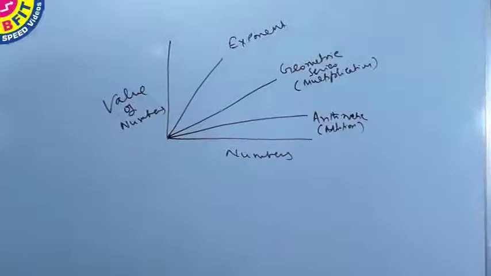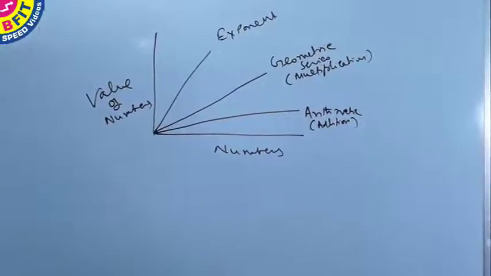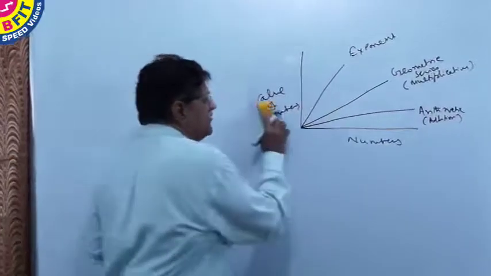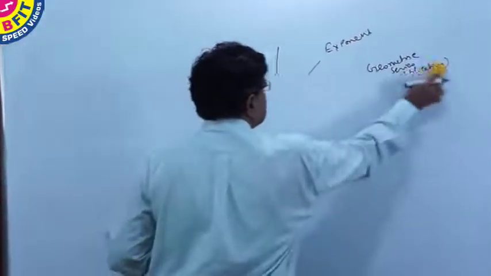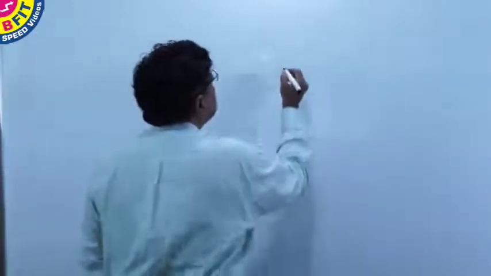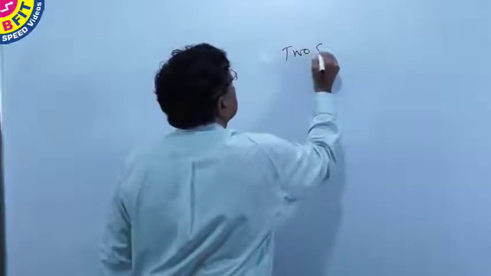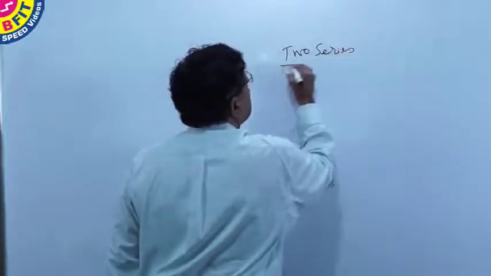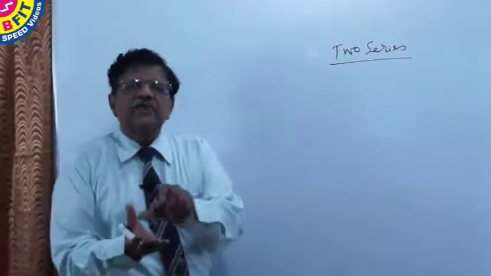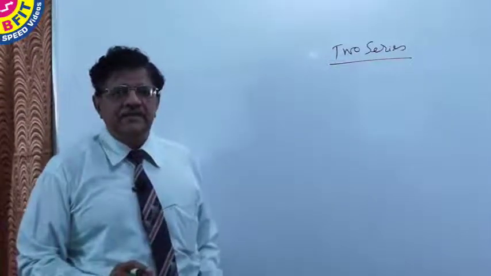Then another clue which I want to give you with regard to the number series is that there may be two series. They first make two series and then sandwich them so that it will look like one series.